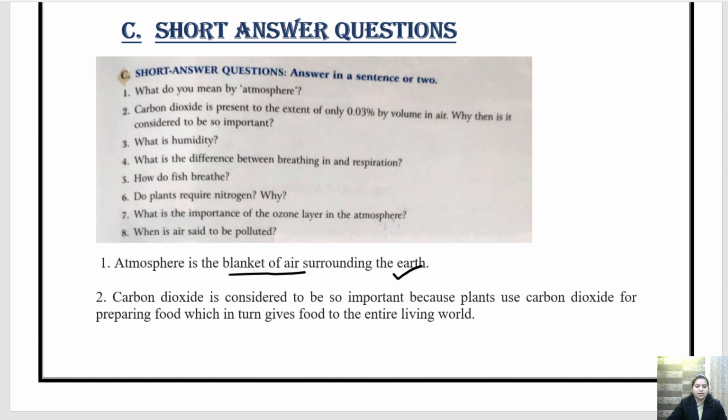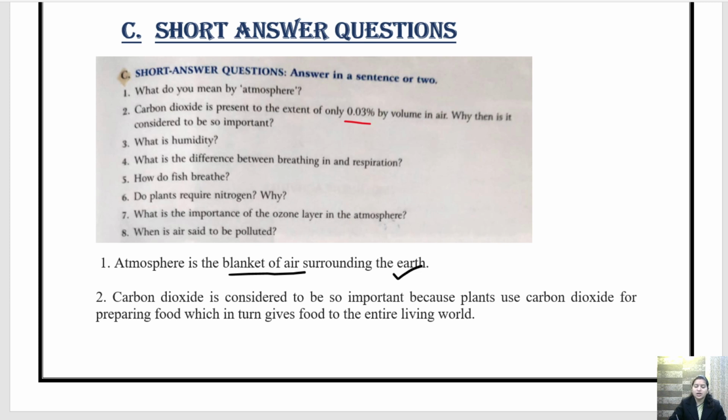Okay. Now question number 2. Carbon dioxide is present to the extent of only 0.03% by volume in air. Why then is it considered to be so important? Now children, we know that carbon dioxide is present in very little amount, that is 0.03%.